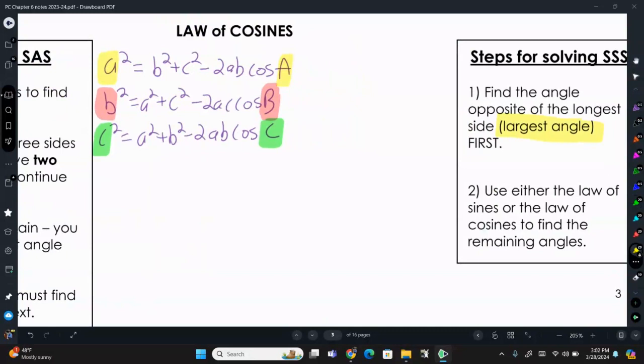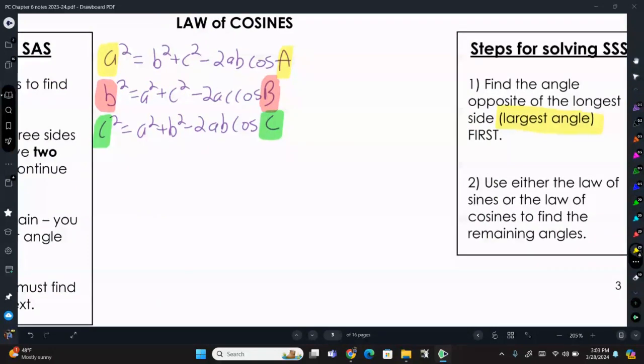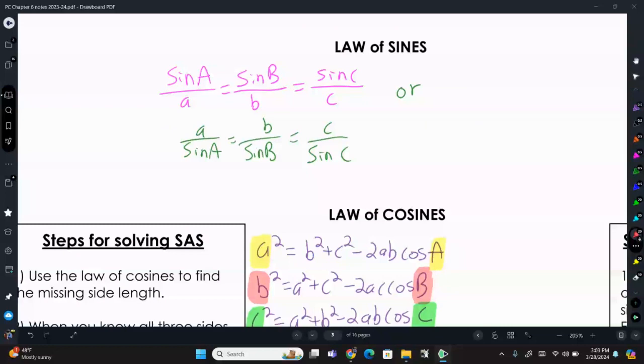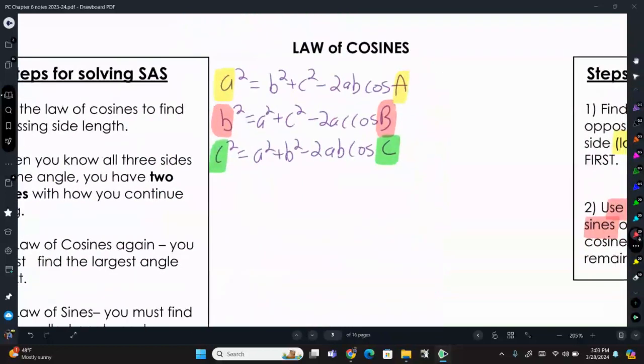And the reason that you want to find the largest angle first is that it will eliminate the possibility of extra triangles if there aren't any. And then after you find the largest angle, you can either use law of cosines to find the remaining angles or use law of sines. I like to use the law of sines instead of cosines because it's easier for me to do cross multiplying two fractions than this whole mess here with x with second powers.